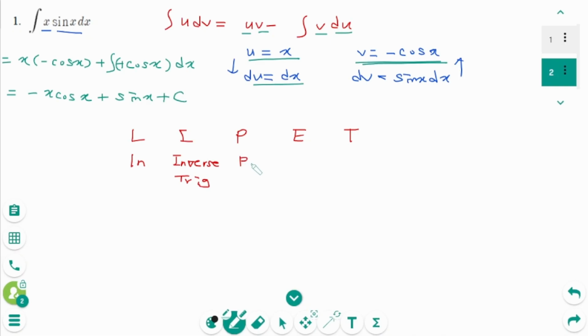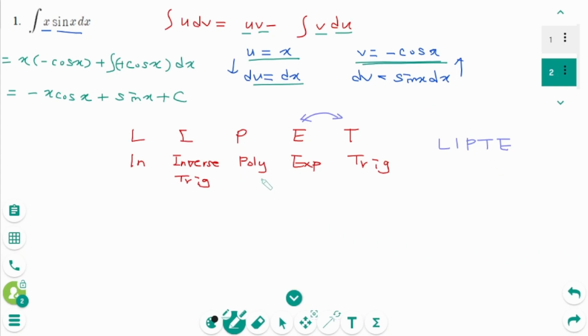P means polynomial. E means exponential. T means trig. By the way, E and T are not in any order. So L, I, P, T, E is okay. I just wrote the E first to make it easier to memorize.